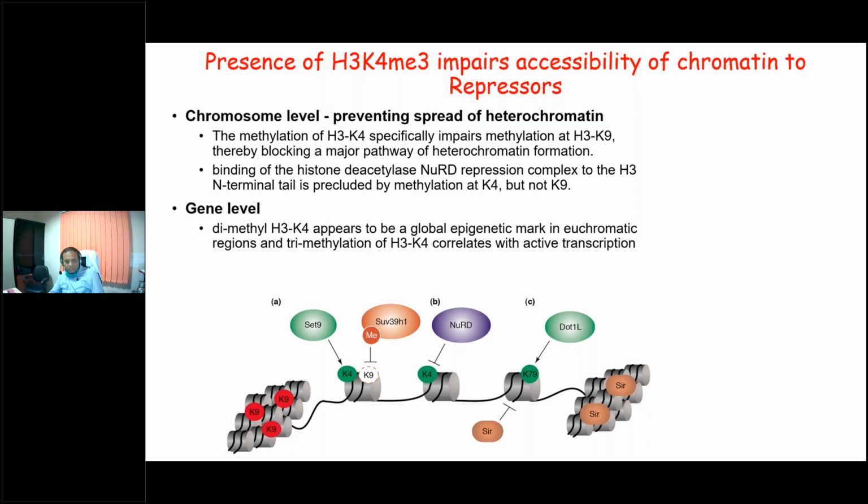H3K9 trimethylation induces heterochromatin formation. So this is the mechanism: if the gene is active and the H3K4 mark is present on the gene, it is not recognized by SUV39H1, and H3K9 trimethyl cannot be mediated.